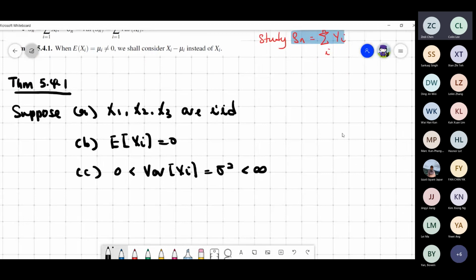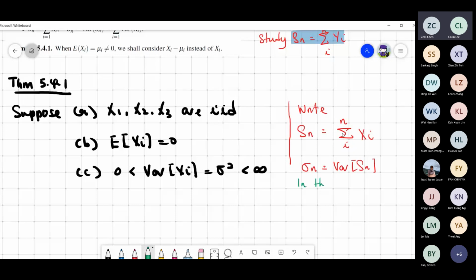At the same time, we use the symbol Sn to be the sum of all xi, i running from 1 to n. We write sigma n squared to be the variance of Sn, which in this case equals n sigma squared. So we have A, B, C.